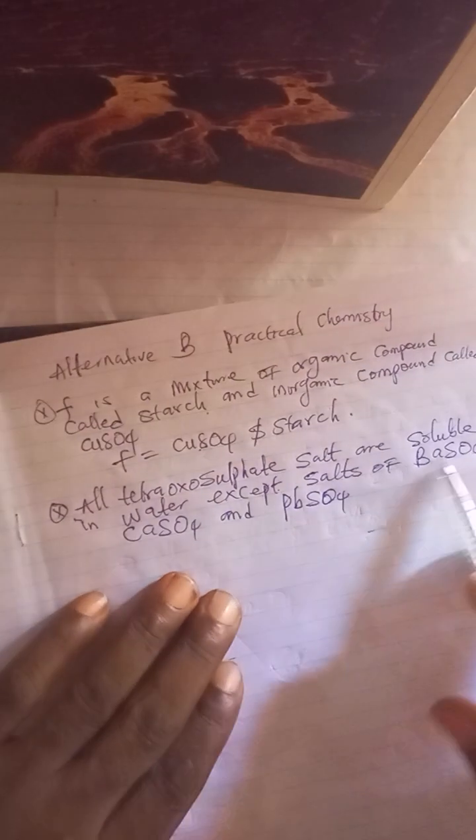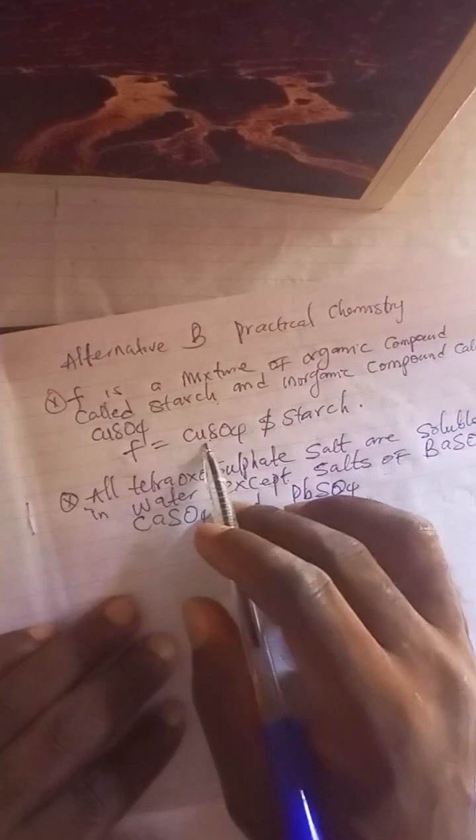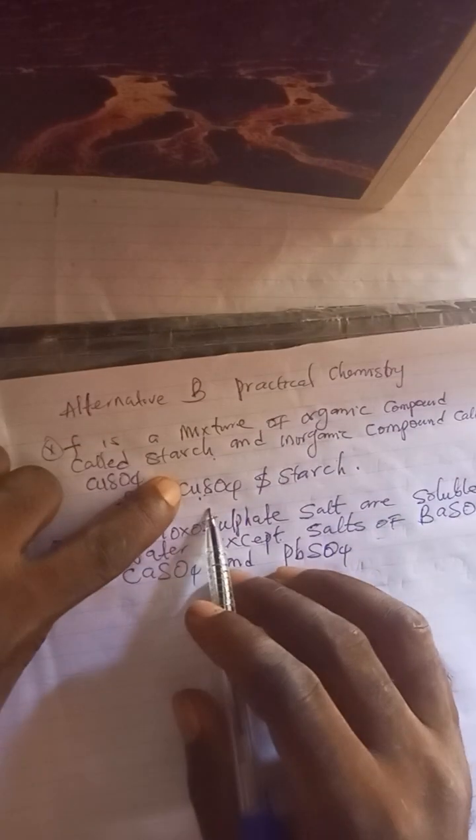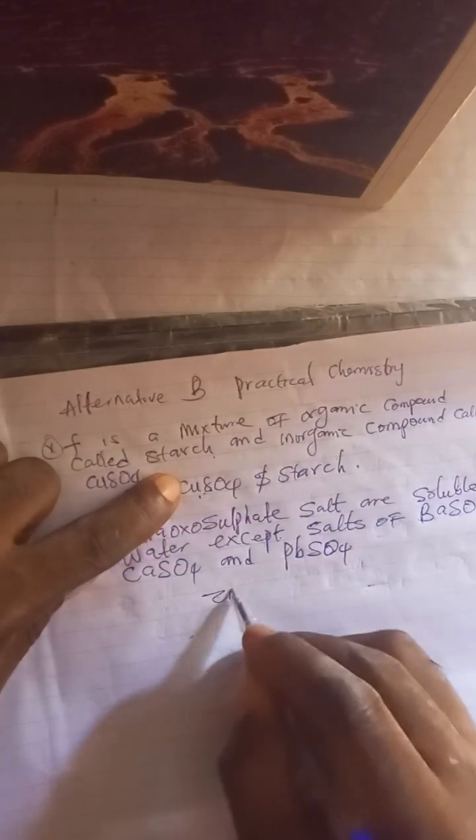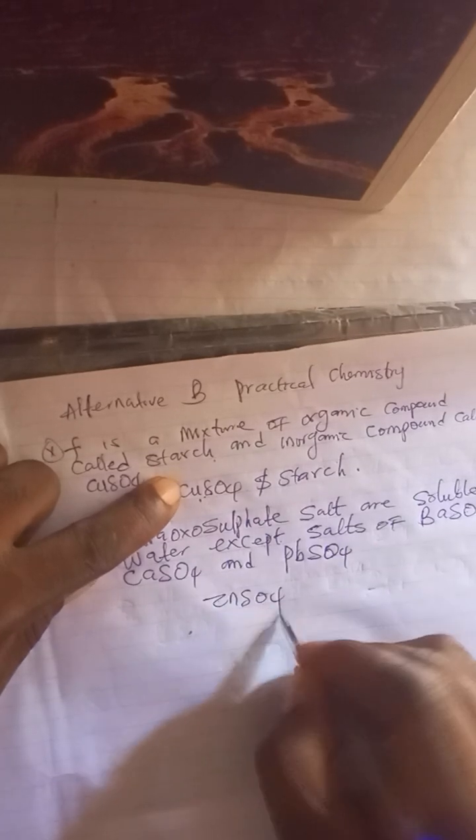So these are the three salts that are insoluble in water, but other salts like copper sulfate is soluble in water. Zinc sulfate is soluble in water.